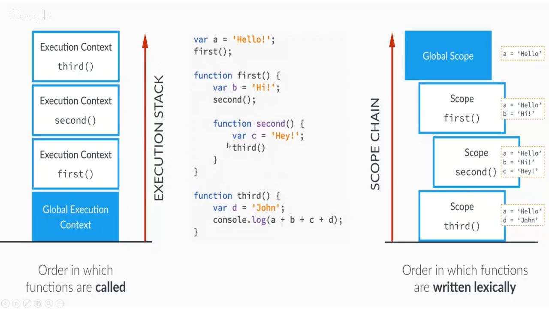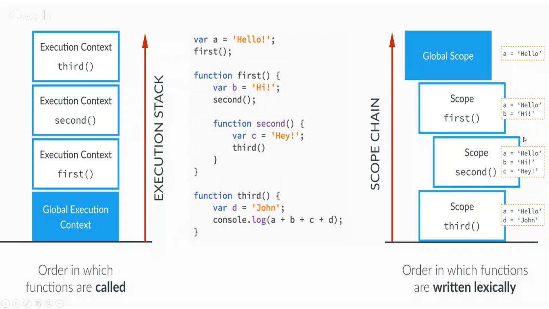For the scope chain, things are a bit different, as you can see here. All scopes have access to the A variable. Here, the global scope has access, the first function, the second one, and the third one as well. Only the third function has access to the D variable, as you can see here, D. No other function, or even the global scope, has access to the D variable.